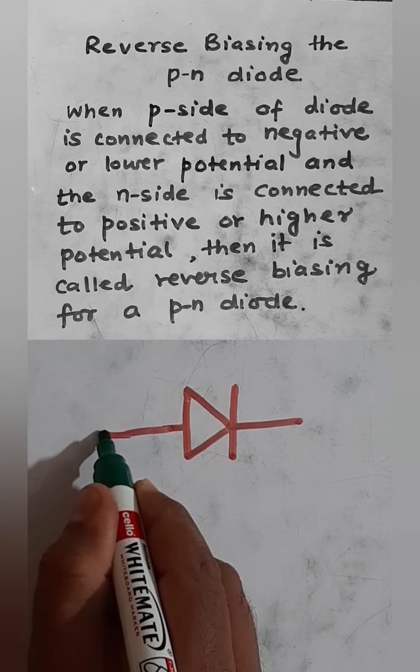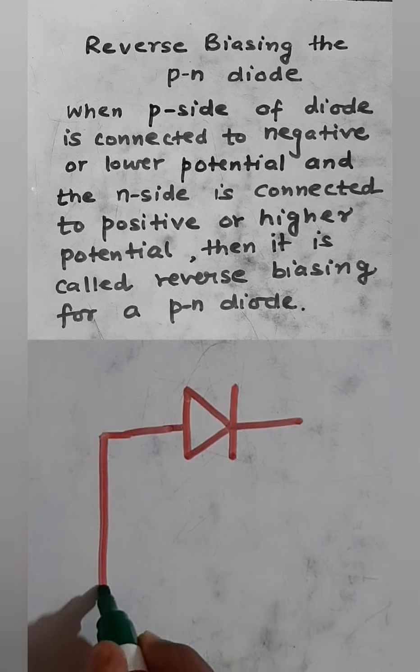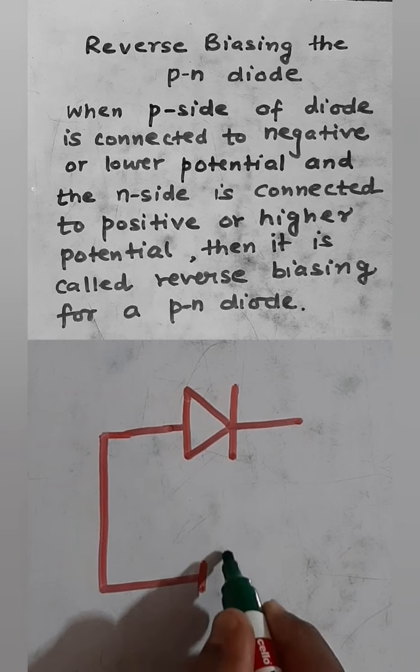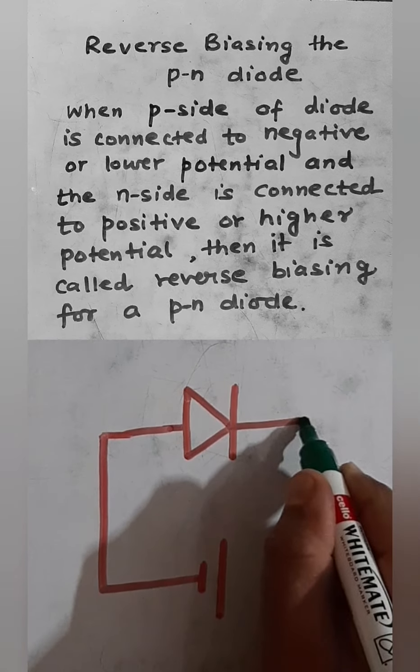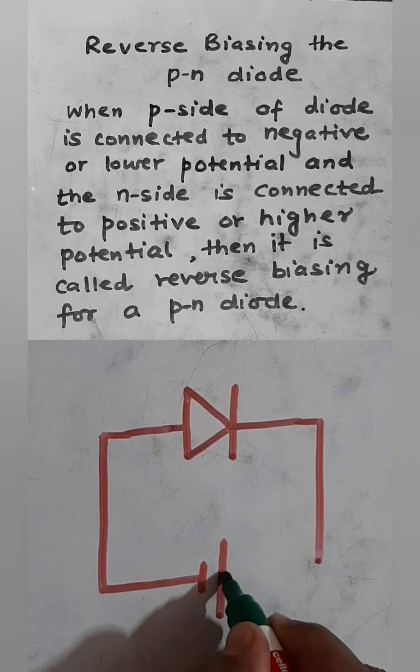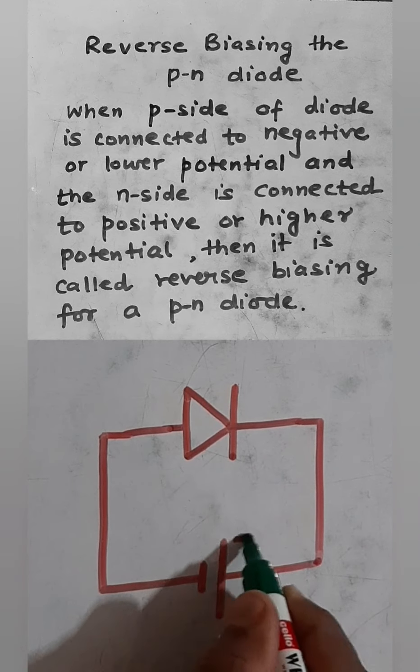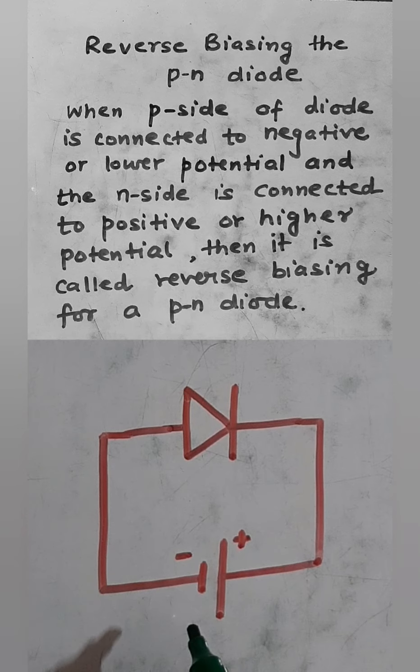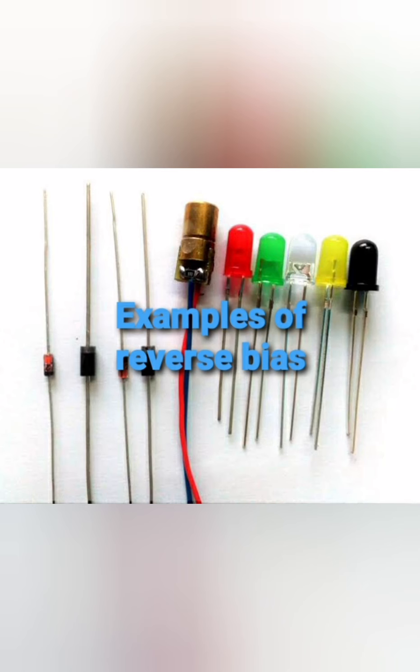So I am connecting this P side to the negative terminal of the battery, and this N side is connected to the positive side of the battery or the cell. So this circuit diagram represents the reverse biasing configuration of the PN diode.